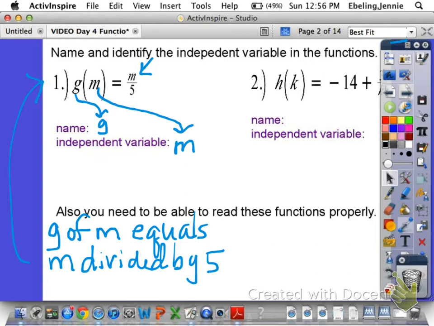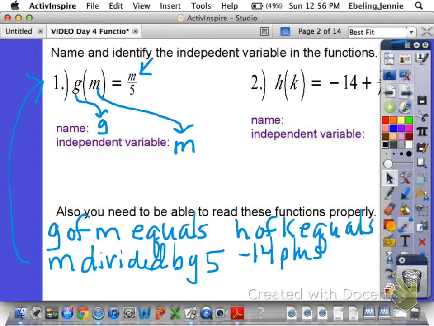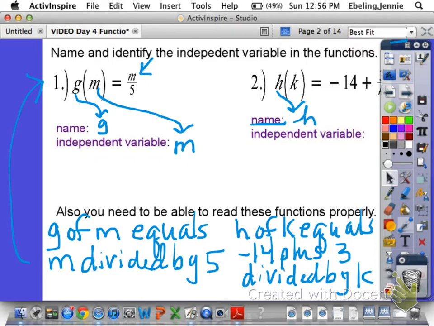Number 2 says h of k equals -14 plus, and that's supposed to be 3 divided by k. That's how you would read number 2. If I want to name it, the name is just the letter in front. The independent variable is what's in the parentheses, and that would be k.